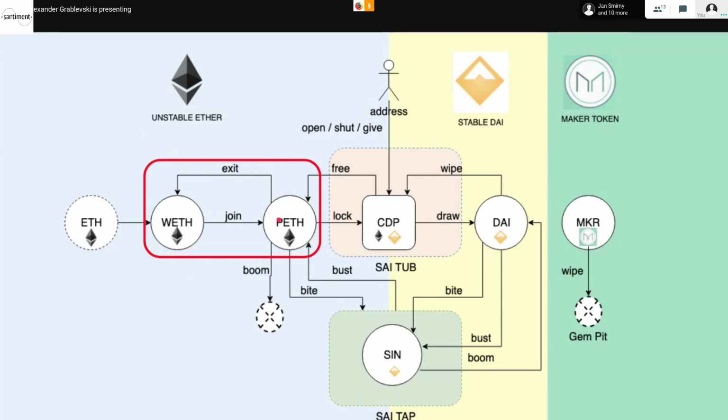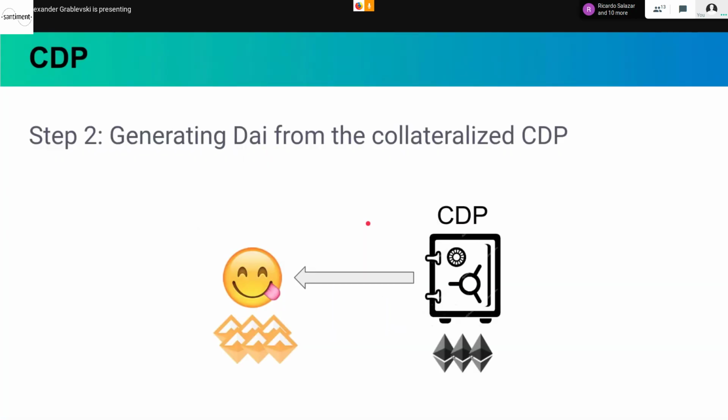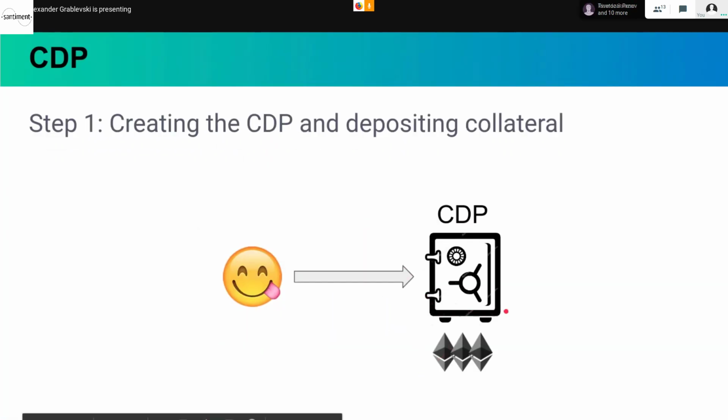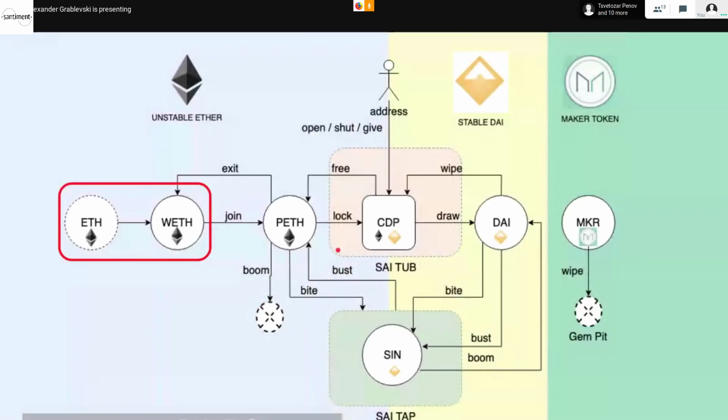What should you do next? At that point, you can lock your pooled ether tokens, which are the equivalent of your ETH, and you go exactly to the position that is mentioned here. So your ETH is in the CDP, but you still don't have any DAI.